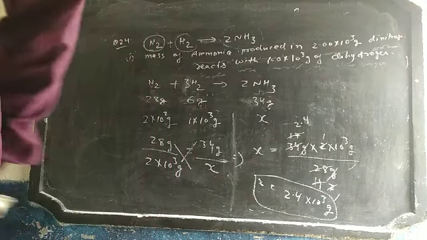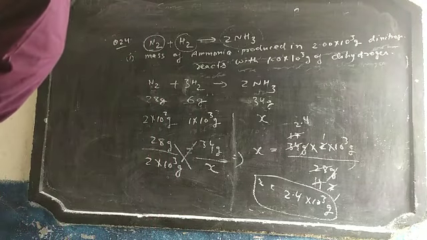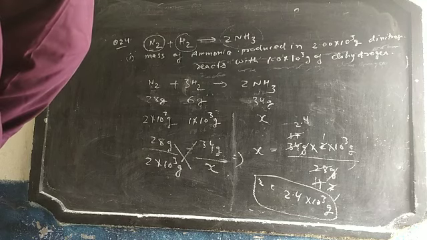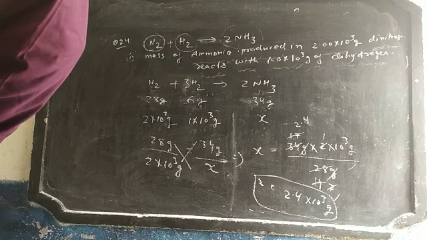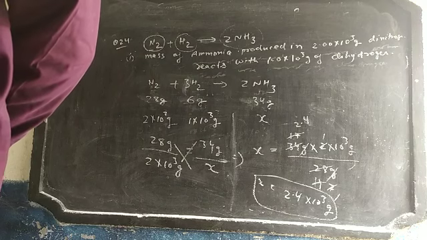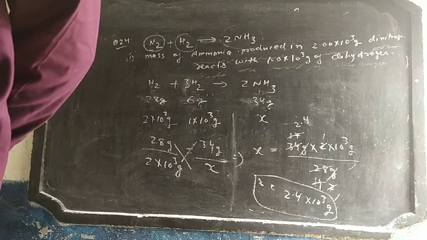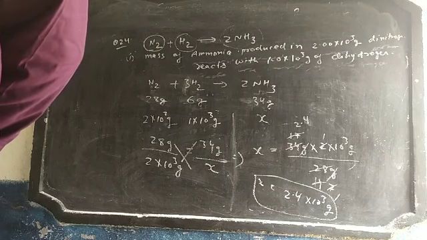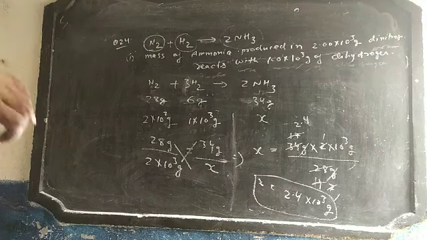Now the next question is: will any of the two reactants remain unreacted? So nitrogen is the limiting reagent and hydrogen is the excess reagent.